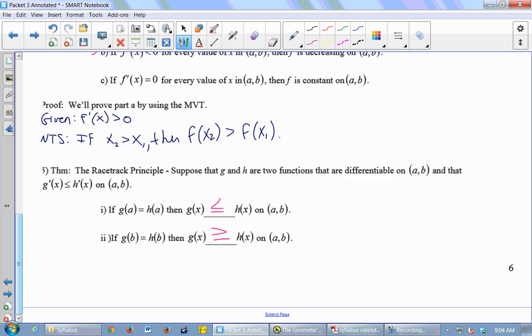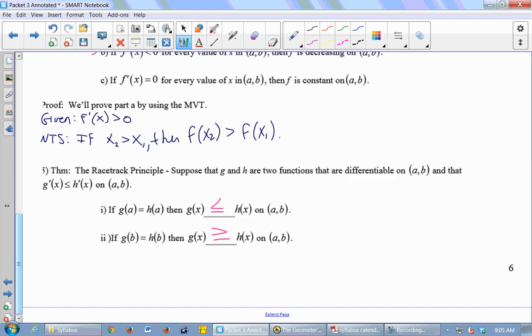So if zombie 1 is slower than zombie 2, and they start at the exact same place at the start line, so they're tied at the beginning, and h is faster than g, then h will always be ahead of g, right? Zombie h is always going to be ahead of zombie g.